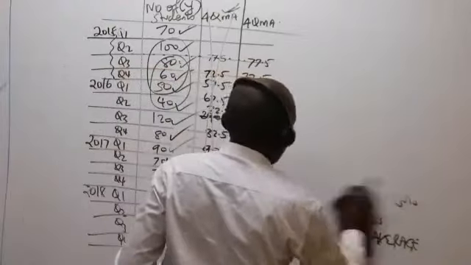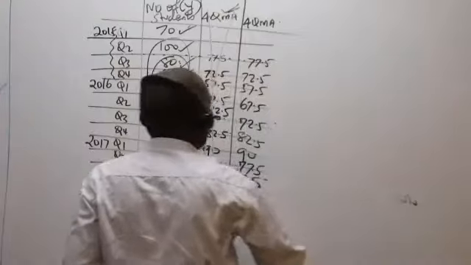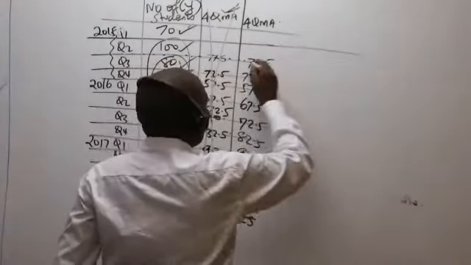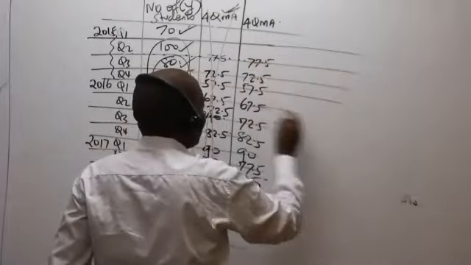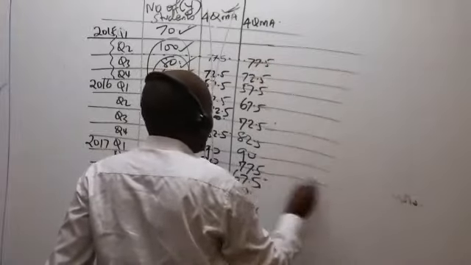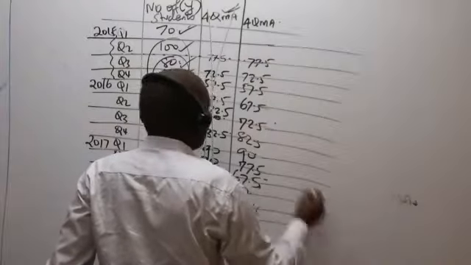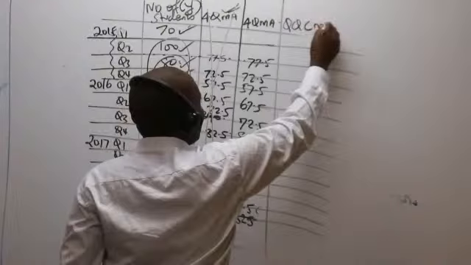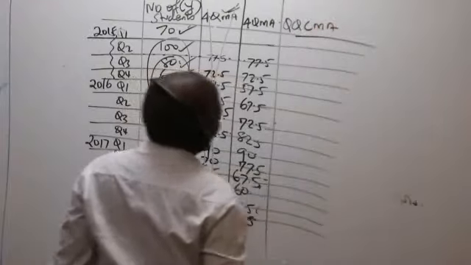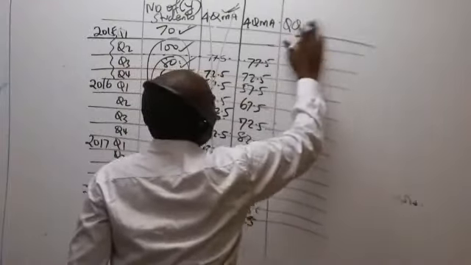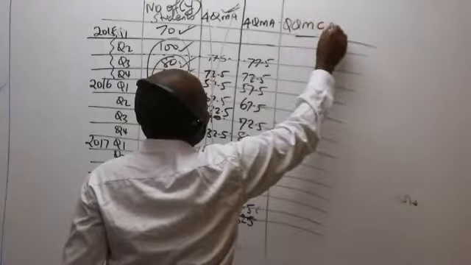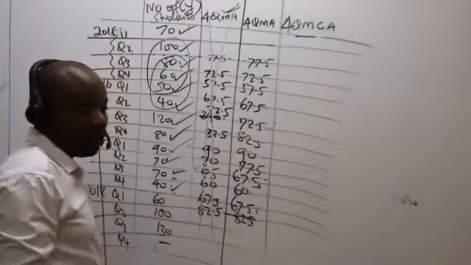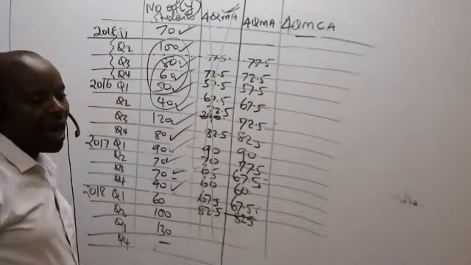So come and give us a centered moving average, the last step of getting the trend. Come and give us the 4-quarter moving centered average.